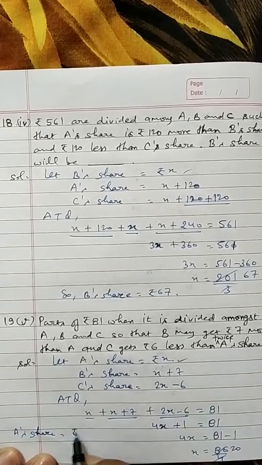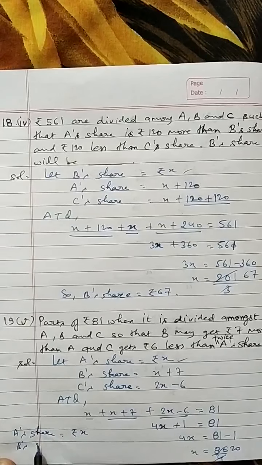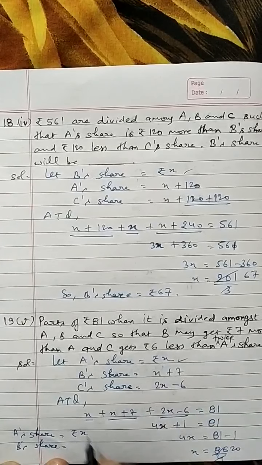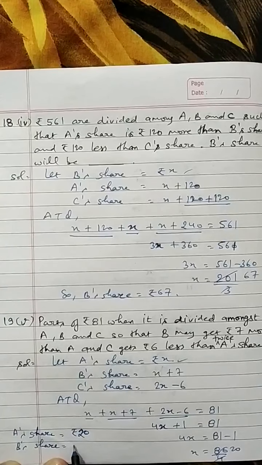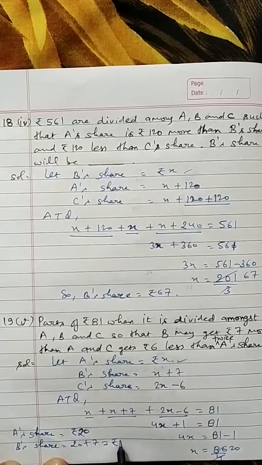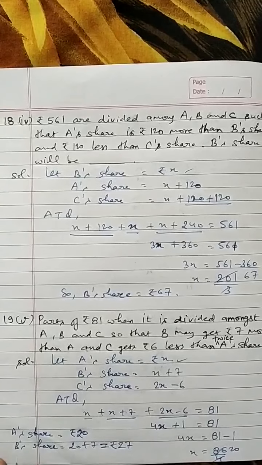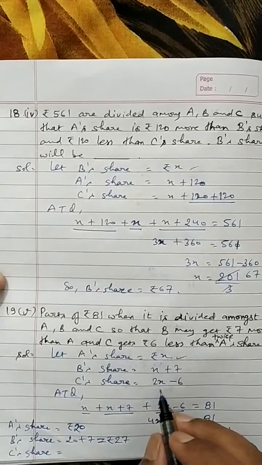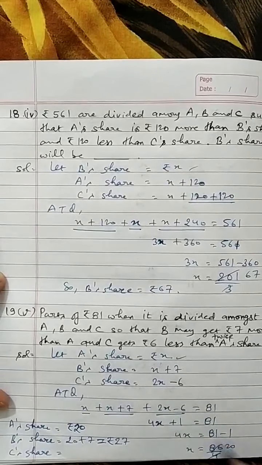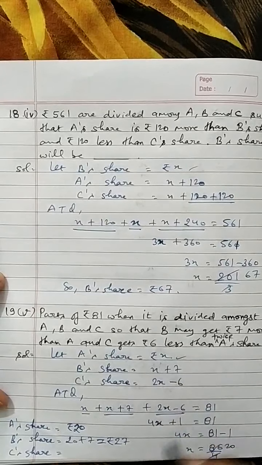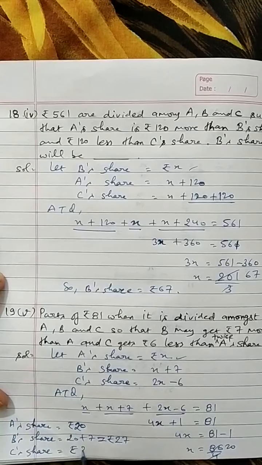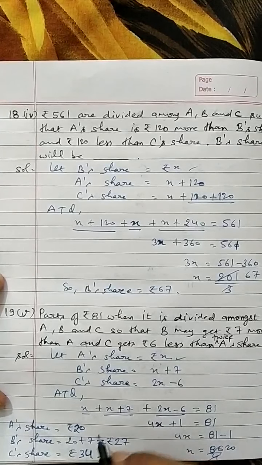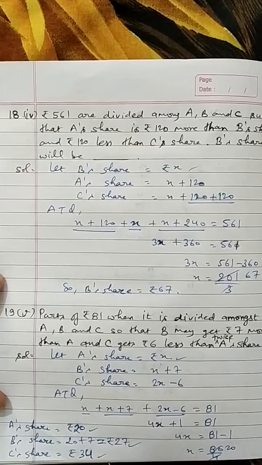This is X. B's share is X plus 7. Sorry, we will write here 20. So 20 plus 7 is equal to rupees 27. And C's share we will get like this, 2x minus 6. So 2 into 20 is 40, and 40 minus 6 gives you 34. So you will match with the part in which there are numbers 20, 27 and 34.